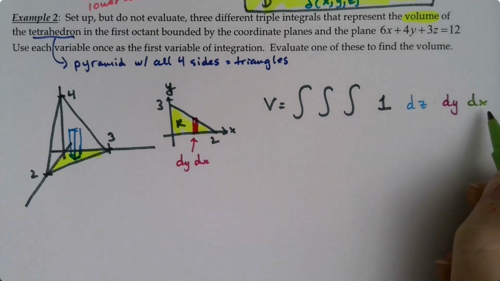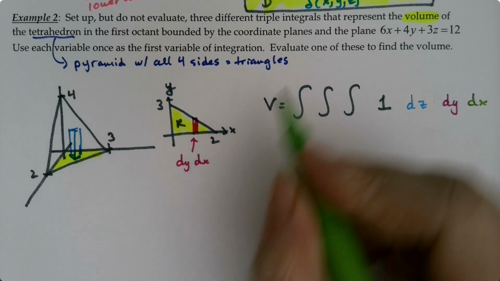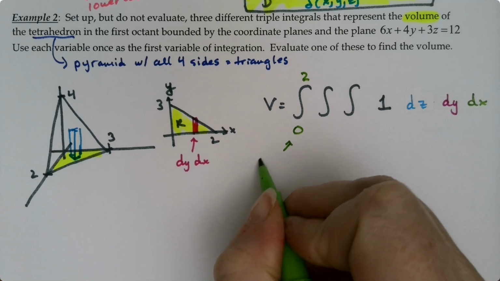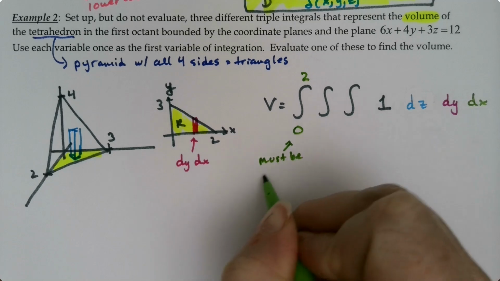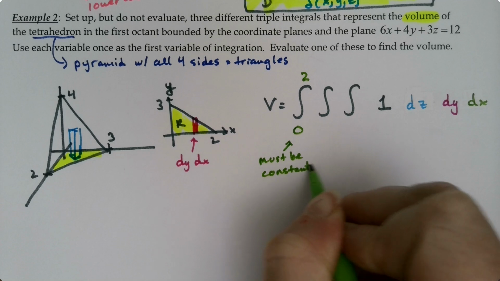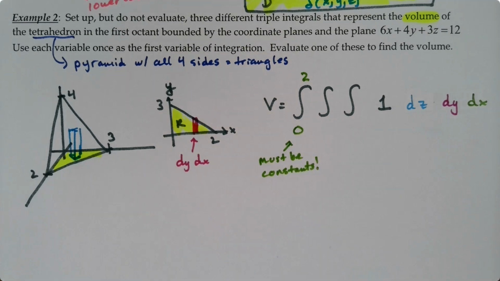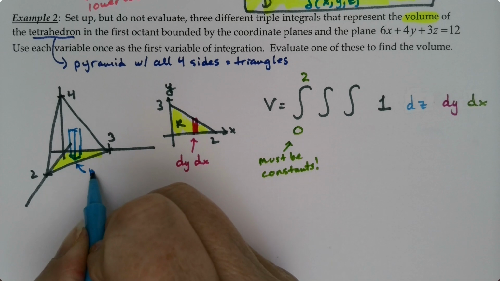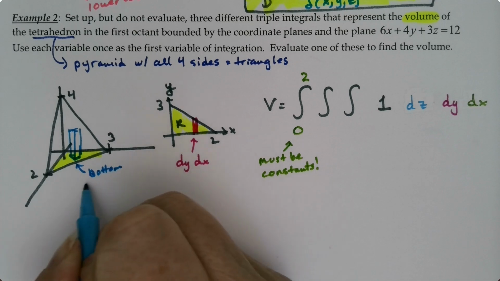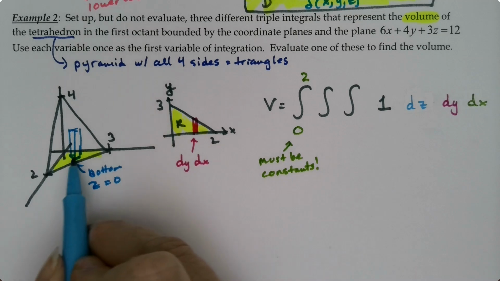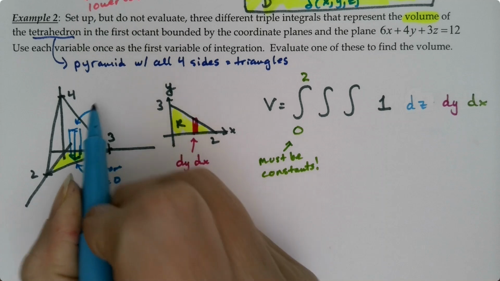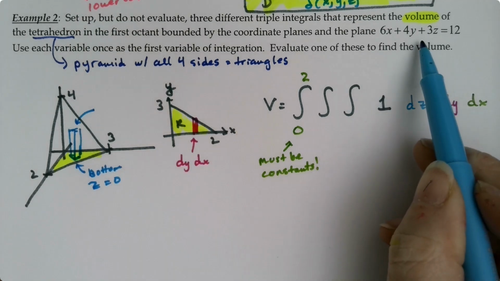Okay, x is easy. X goes from 0 to 2. It has to be constants, right? Must be constants for your last integral. So that's easy. All right, and actually the z's are okay because z at the bottom would be 0 because it's sitting on the xy plane for that column. And at the top, it's hitting the surface. So I would have to solve this surface for z.